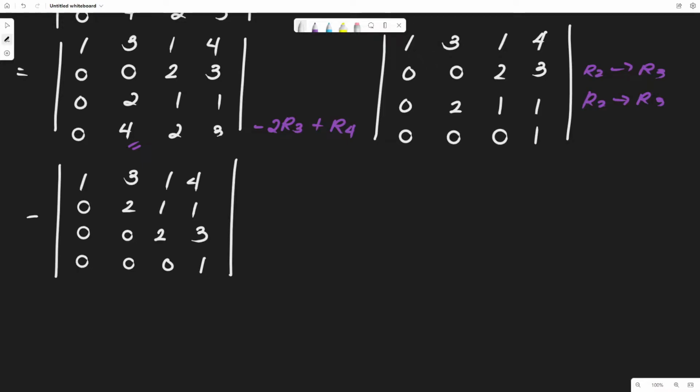Then, just take the diagonal of what we formed. So, therefore, the determinant of, what letter is this? Letter C. Det C is equal to negative 4.